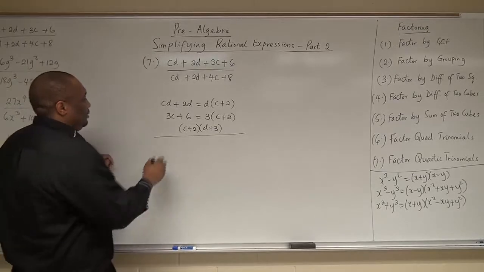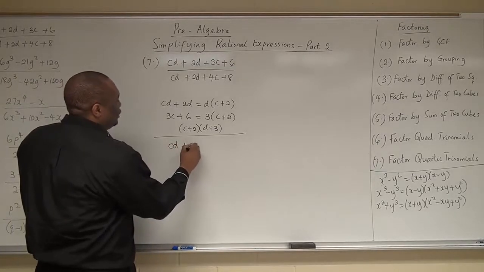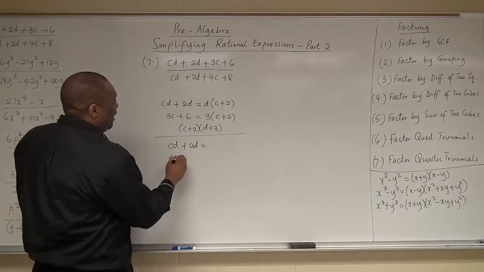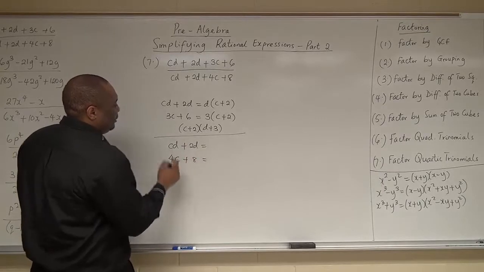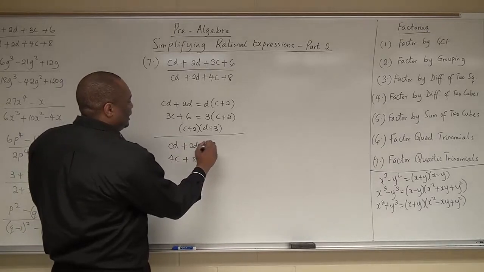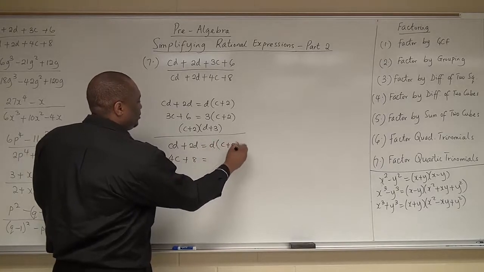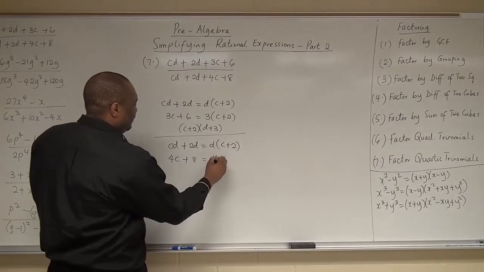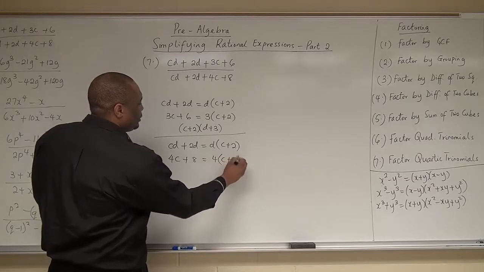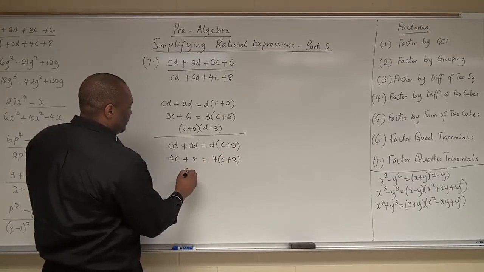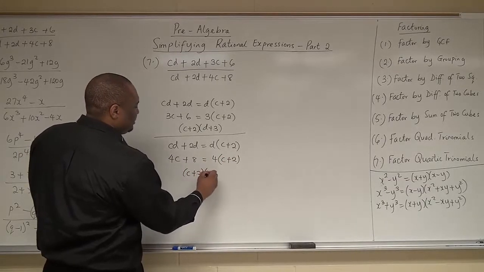The denominator, I have CD + 2D and 4C + 8. The GCF here is D, remaining C + 2. The GCF here is 4, remaining C + 2. So I have (C + 2)(D + 4).